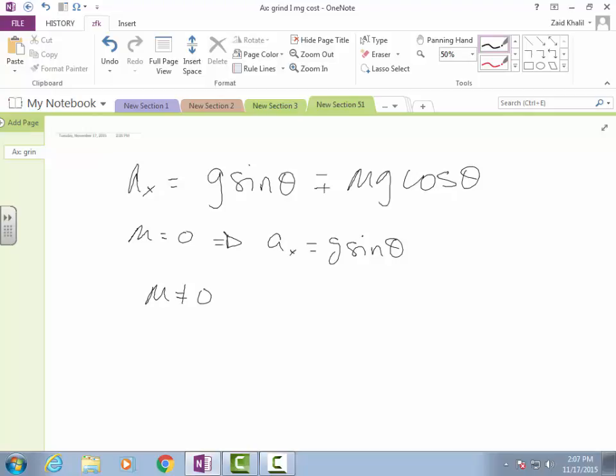Anyone? Anyone have a scenario where the acceleration would exceed g? I'm not even sure if that's true, if it's possible. It has to be quite a unique circumstance.